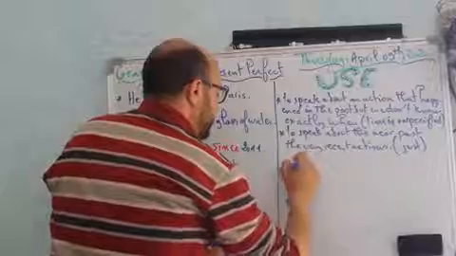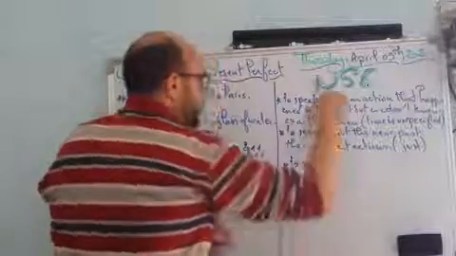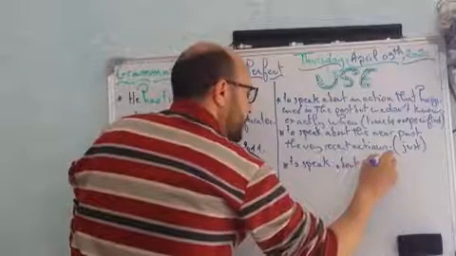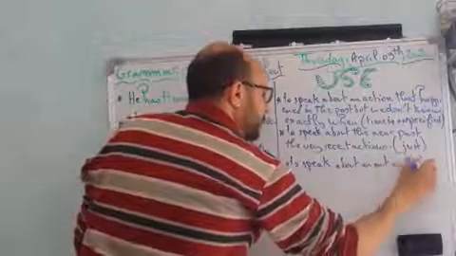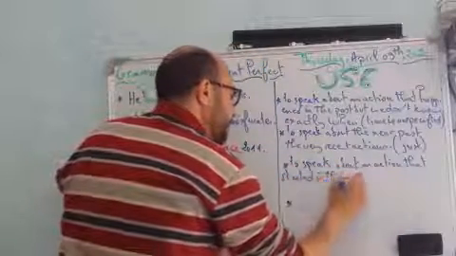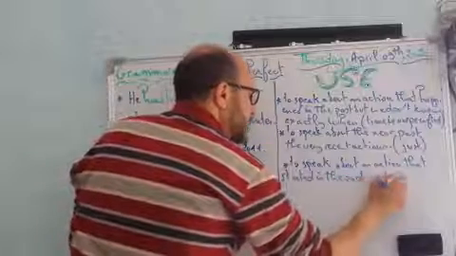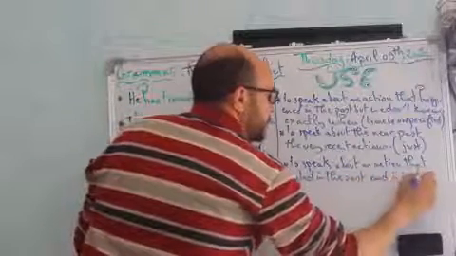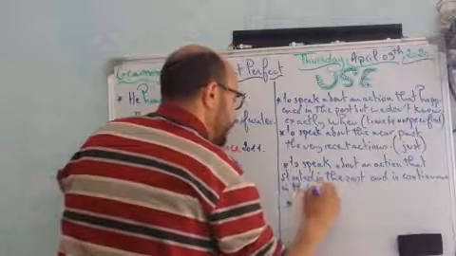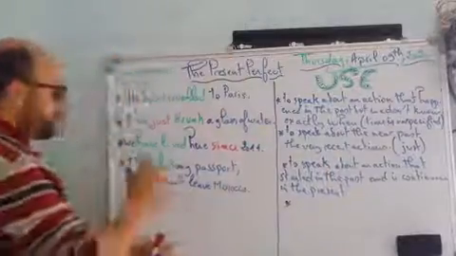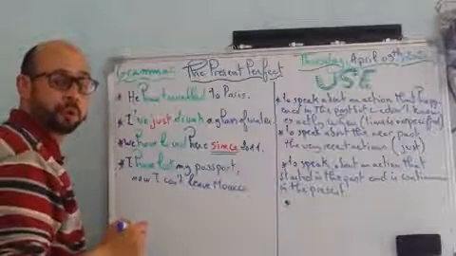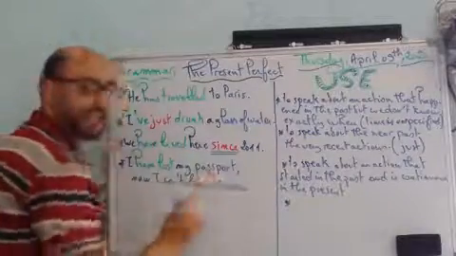So we use the present perfect to speak about an action that started in the past and is continuous in the present. Notice again the use of the adverb since, meaning from, plus an exact date.